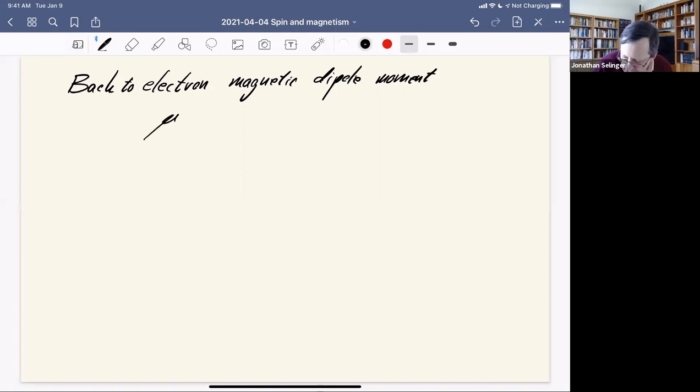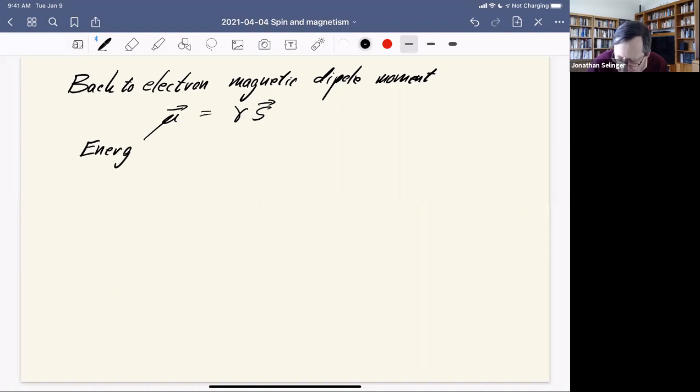Okay, mu is the gyromagnetic ratio times S. That means that if you put the electron in a magnetic field, then there's some energy of the magnetic dipole moment in a magnetic field.